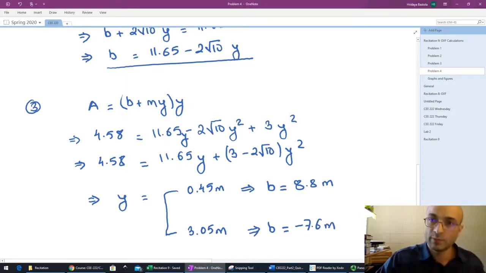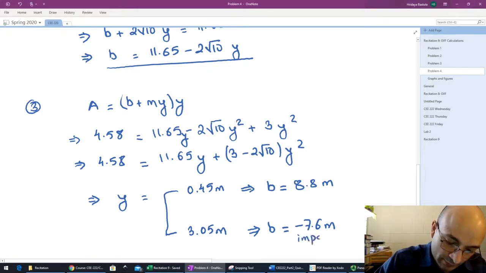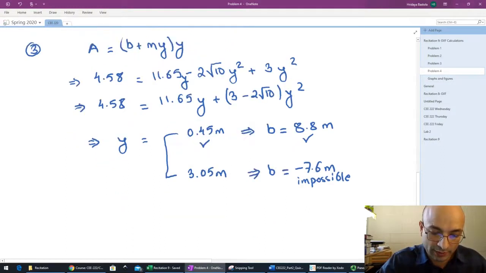So negative width, that is not a real width we can use, so this is an impossible value for us to use. So we'll pick our y value of 0.45 and channel width of 8.8 meters.